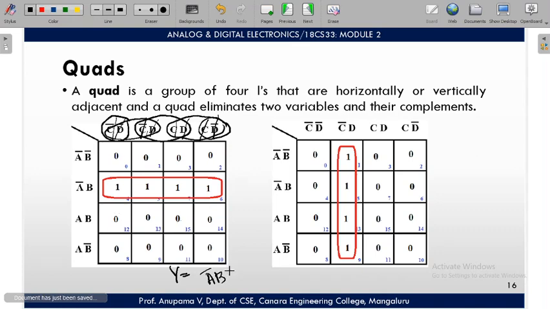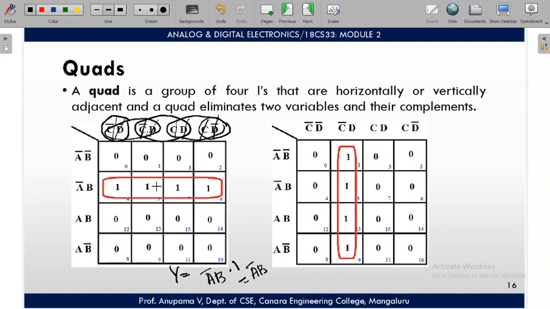If I AND 1 with the term which we received in the row, it becomes A bar B. So a quad eliminates two variables and their complements, that is, it eliminates the two variables C, D and C bar, D bar in this particular K map.